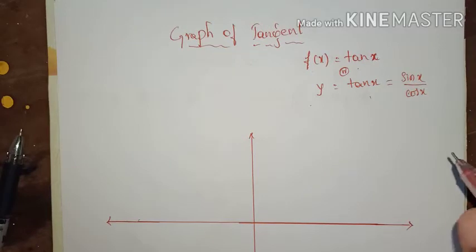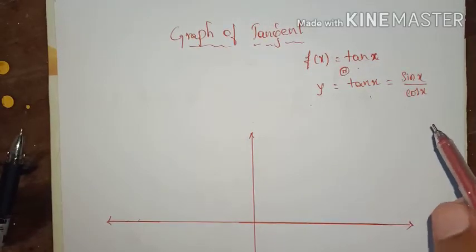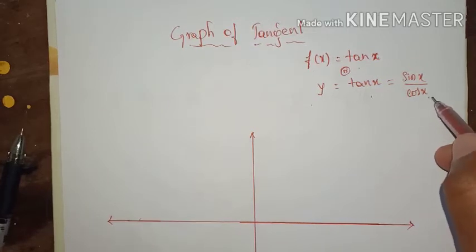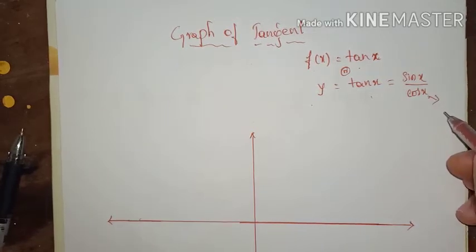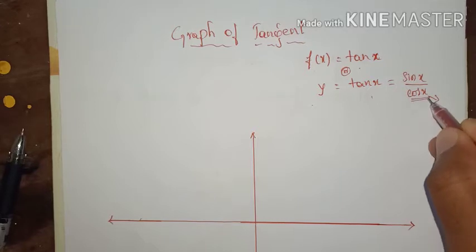Trigonometric functions, right? So remember that when you are going to draw the graph of tangent, the denominator, cos x, where it will be equal to 0, especially for cos x.